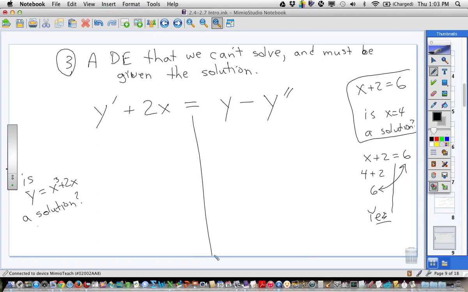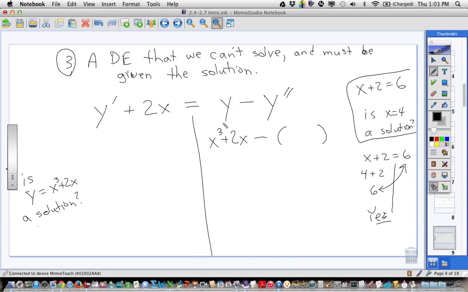Just think back to the 7th grade example. What gets plugged in? The solution gets plugged in. Is 4 a solution? We plug in a 4. We're asking if this is a solution, we're going to take this and plug it into there. Okay? Well, where are we going to plug x cubed plus 2x? We're going to plug that in for the y. So I'm going to put that right there.